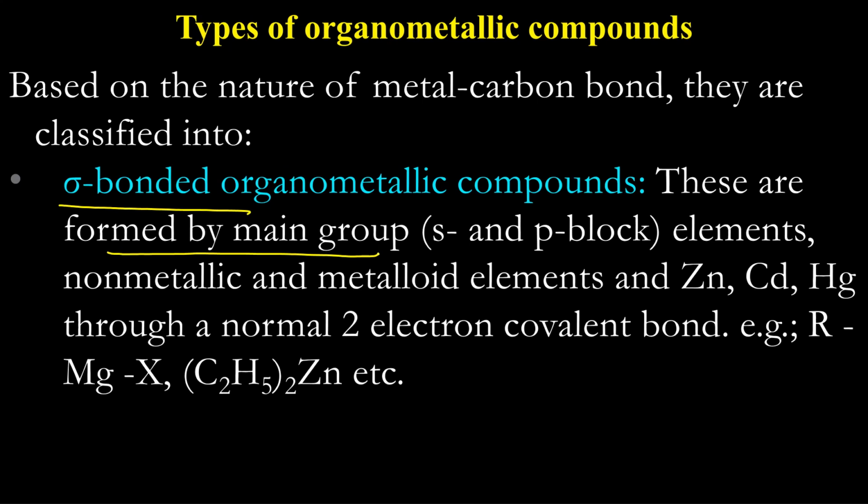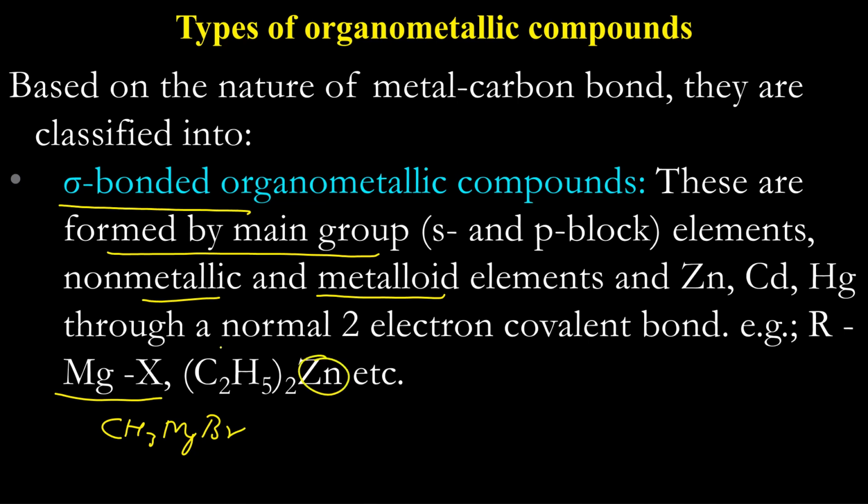So sigma bonded organometallic compounds are formed by main group S and P block: first two and last six. Sigma bond. Elements, non-metallic and metalloid elements, for example zinc, cadmium, mercury, through a normal 2-electron covalent bond, for example RMgX, you know RMgX, CH3MgBr.